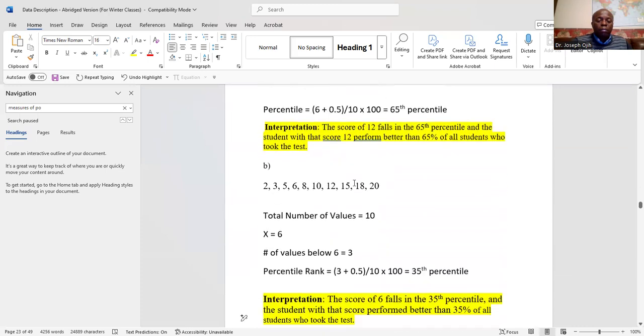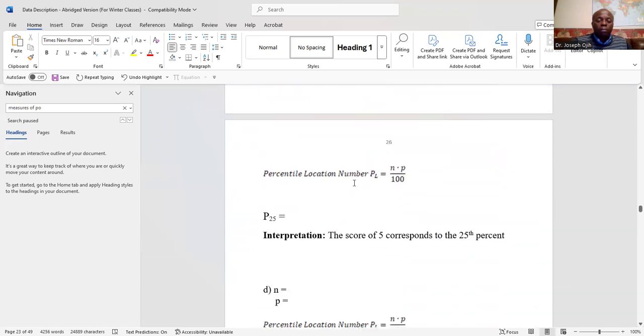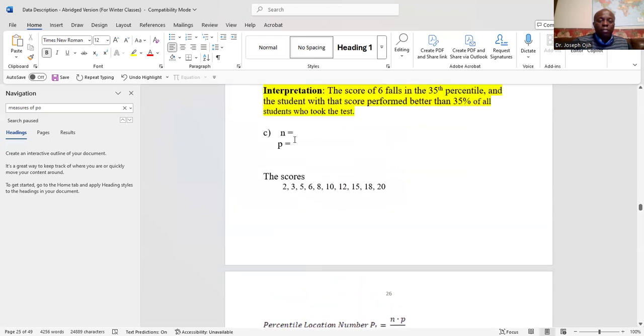To do that, we use the formula P25 equals n times P over 100. How many numbers do we have? N is 1, 2, 3, 4, 5, 6, 7, 8, 9, 10, 10 students. So N is 10. I was asked to locate the 25th percentile, so P is 25.